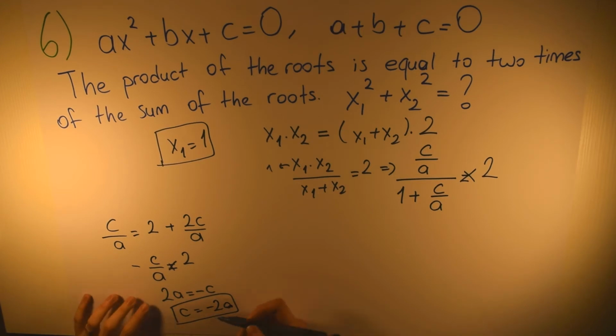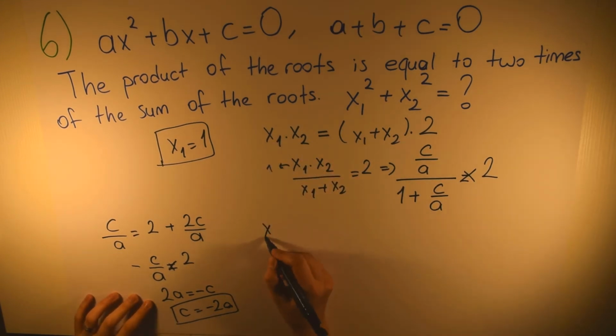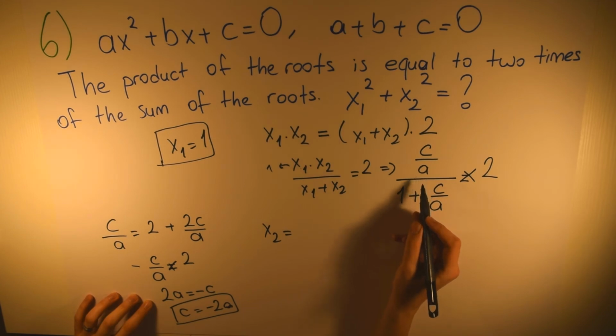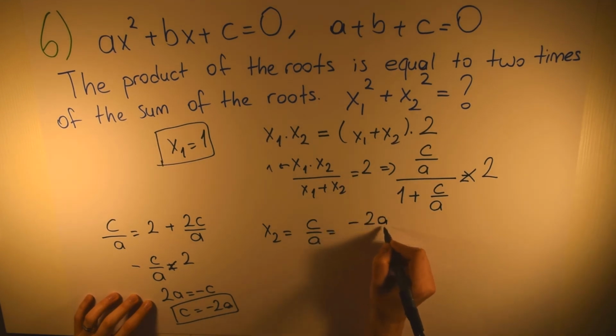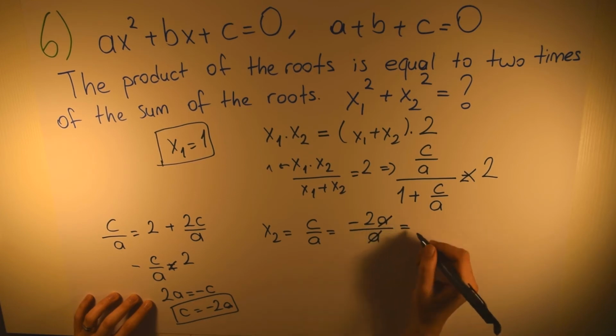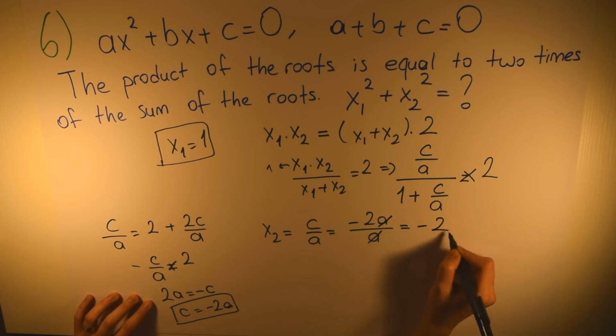So what was the x2? It was equal to c over a, right? So instead of c, I write minus 2a over a, so these will cancel each other, and then here we will get x2 as minus 2.